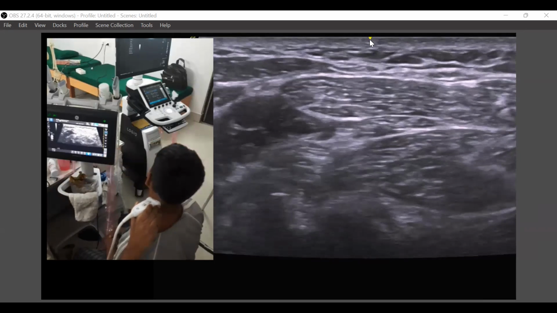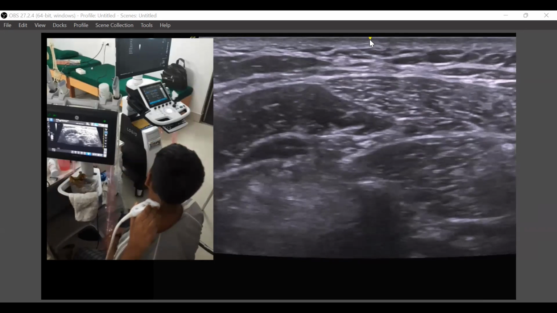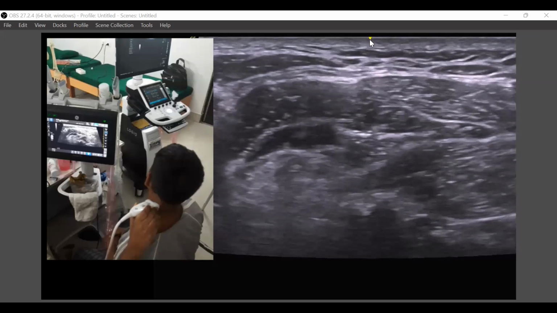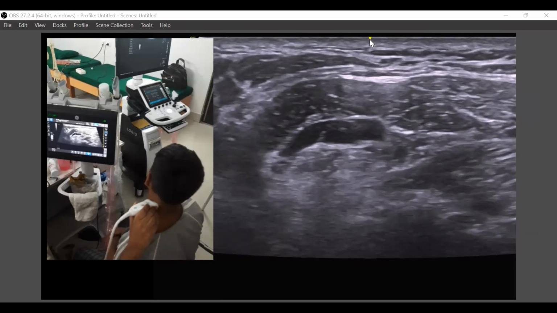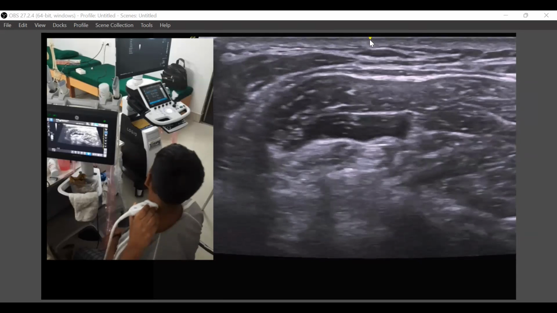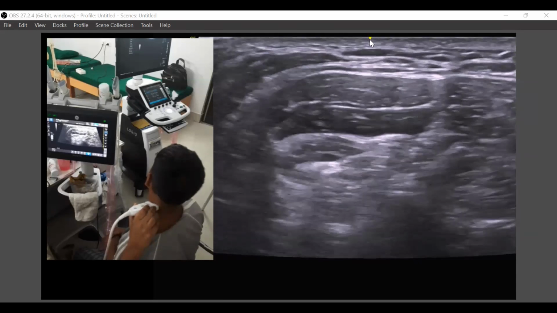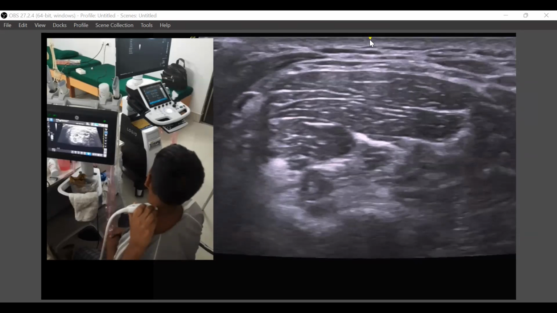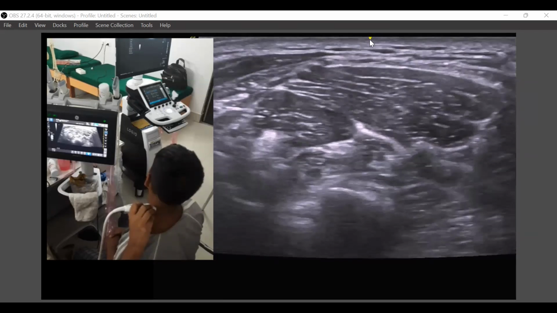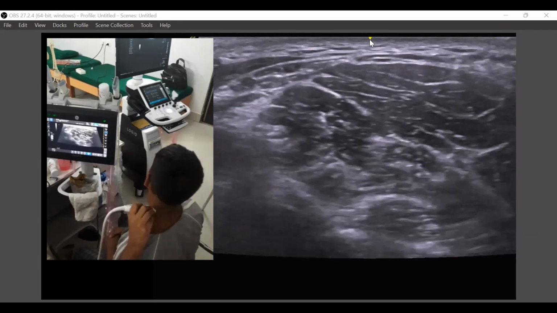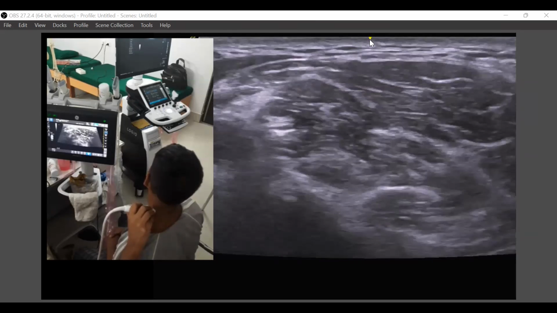And at this point, I am coming down. Just fix your eyes over the sternocleidomastoid, and you'll be able to see some of the nerves coming down. See, some nerve is coming.